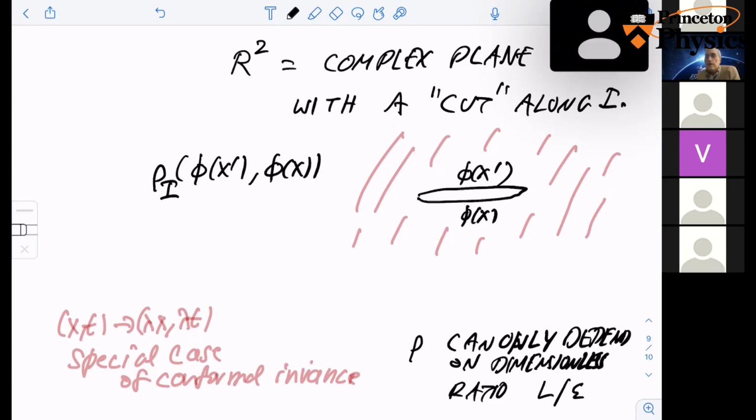Professor Witten, I was wondering whether you could add any commentary on the role of spatial boundary conditions. What do you mean by spatial boundary conditions? Do you mean boundary conditions at the ends of the interval? Yes, at the entangling surface.